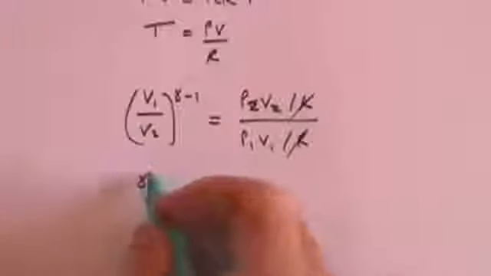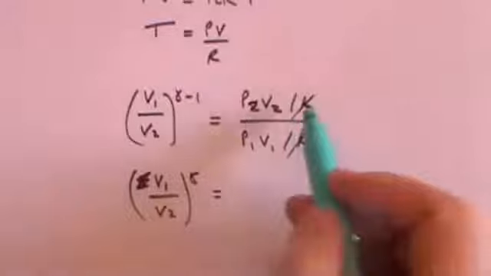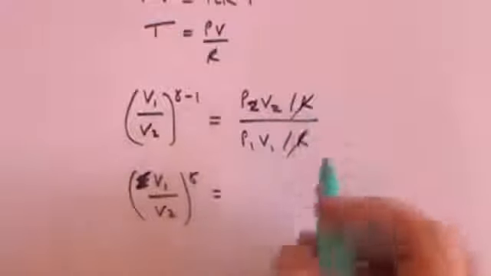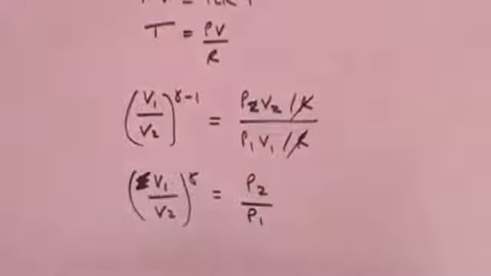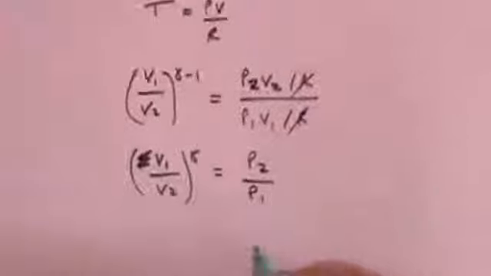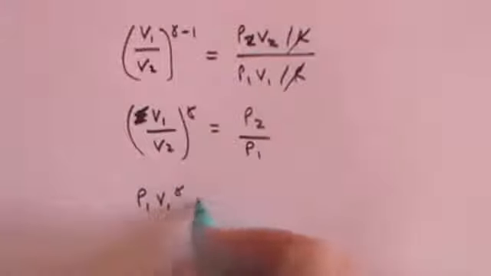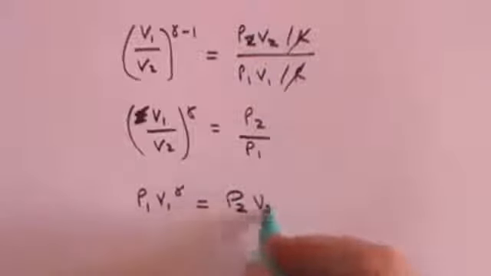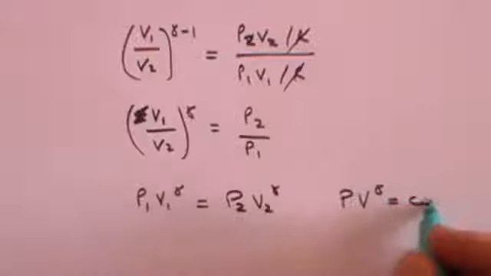So what you end up with is V1 over V2 to the power gamma is equal to, well, the R's have gone, the V2 and the V1 have gone, so that's now just P2 over P1. And if we multiply that out, top and bottom, what you get is that P1 V1 to the gamma is equal to P2 V2 to the gamma. In other words, PV to the gamma is a constant.